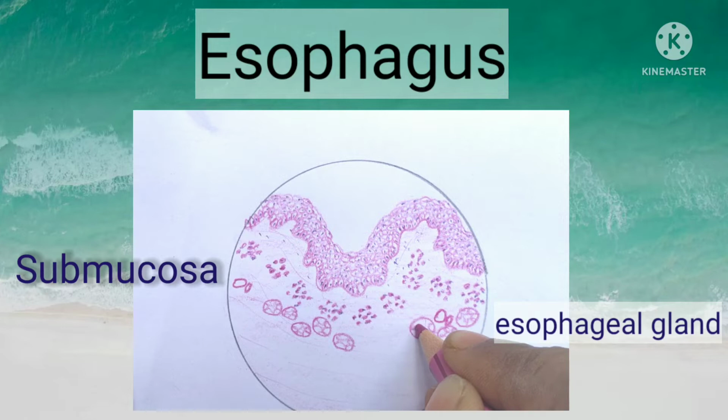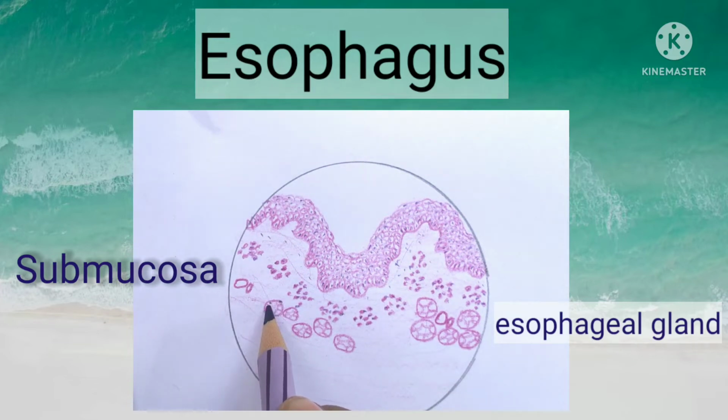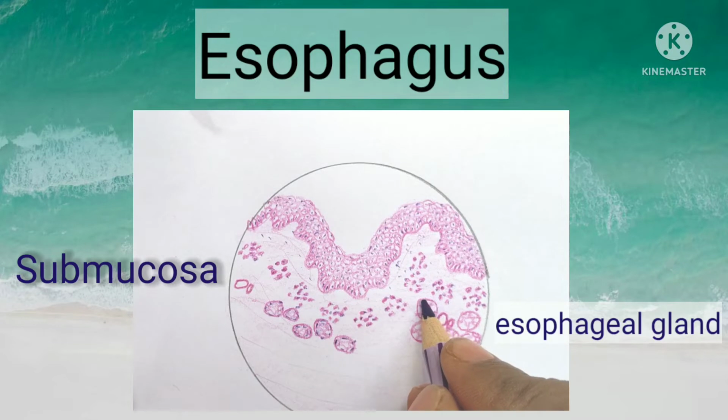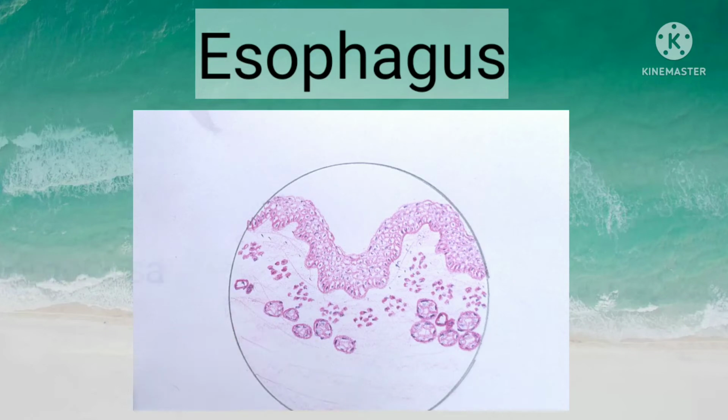The seromucous glands are called esophageal glands in the submucosa. So write some blood vessels, scattered lymphatics, and the seromucous glands, the tubulo-alveolar glands. We'll see the cross sections of all the mucous and serous glands, both will be present.